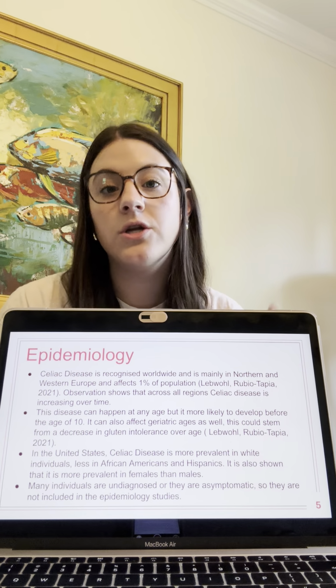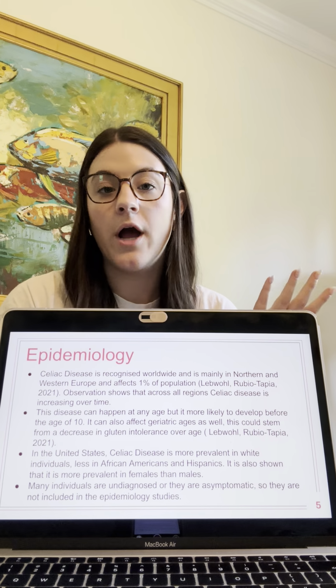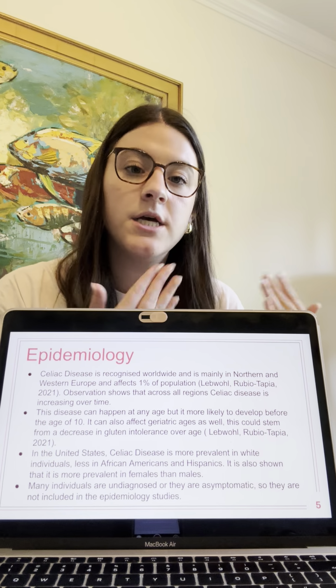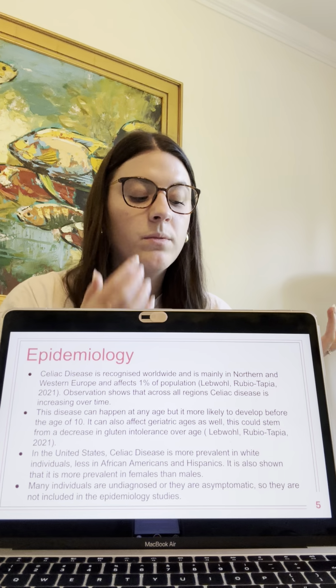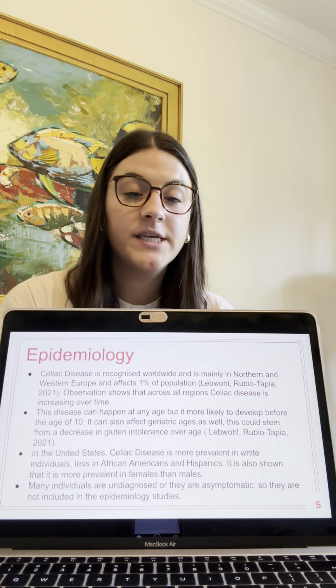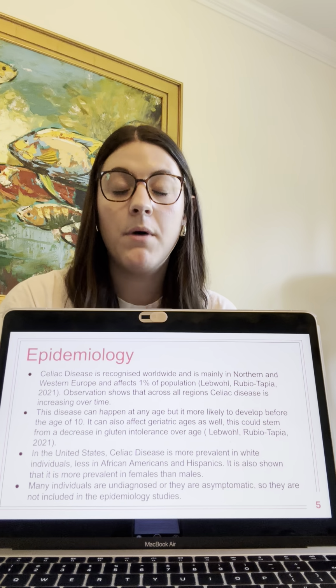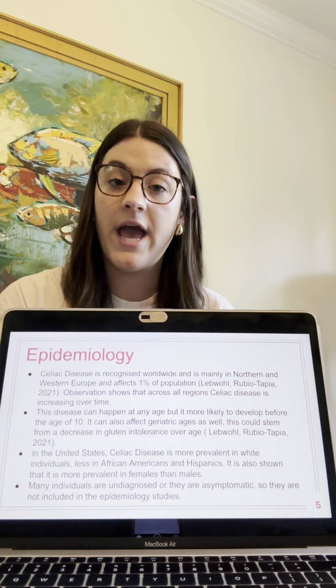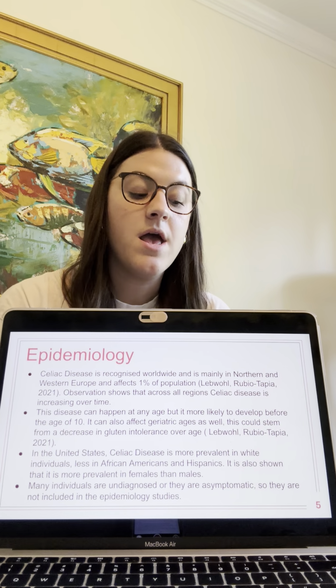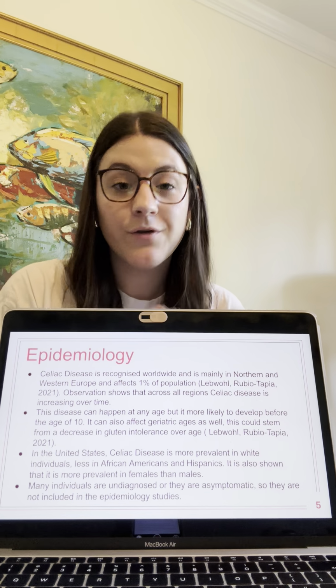So those numbers are not included in the epidemiology studies that are shown. Celiac disease can happen at any age, but it is most likely to develop before the age of 10, and then you will have it for the rest of your life.